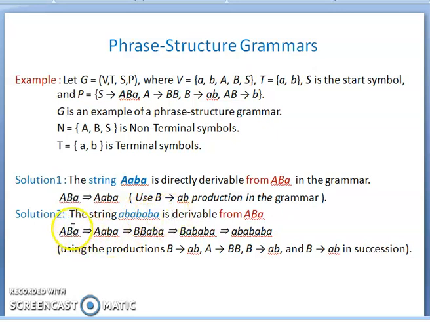Instead of capital B, first you take small ab. So on the right side, you see the capital B. Instead of capital B, one small ab is substituted. So we will get capital A, small a, small b, small a.